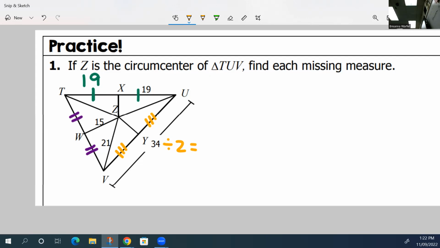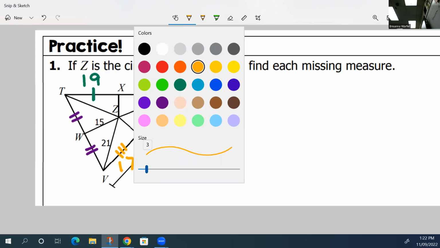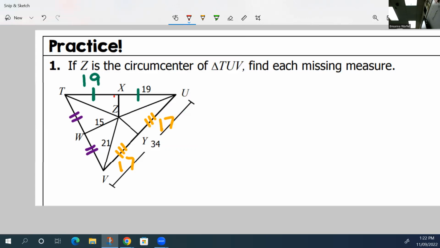Okay, so that means that each piece right here is 17 and 17. Then we have to add some more information. Because they are perpendicular bisectors, we know that each of these are actually right angles, and that's going to give us a little bit more information.